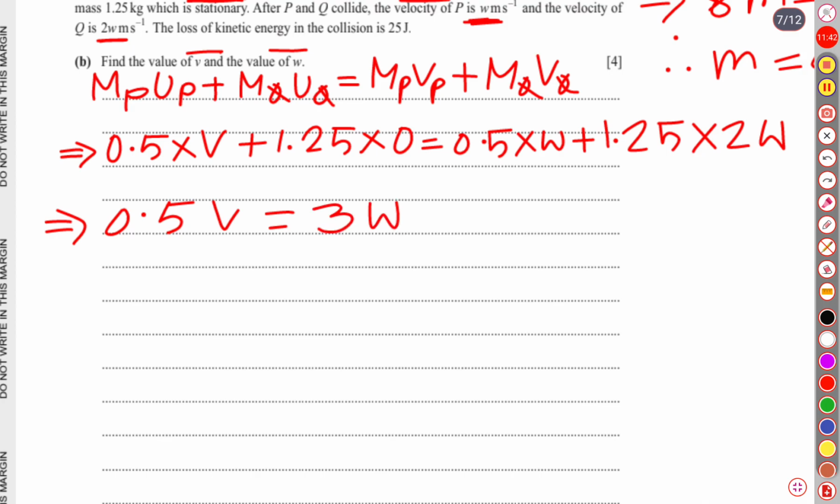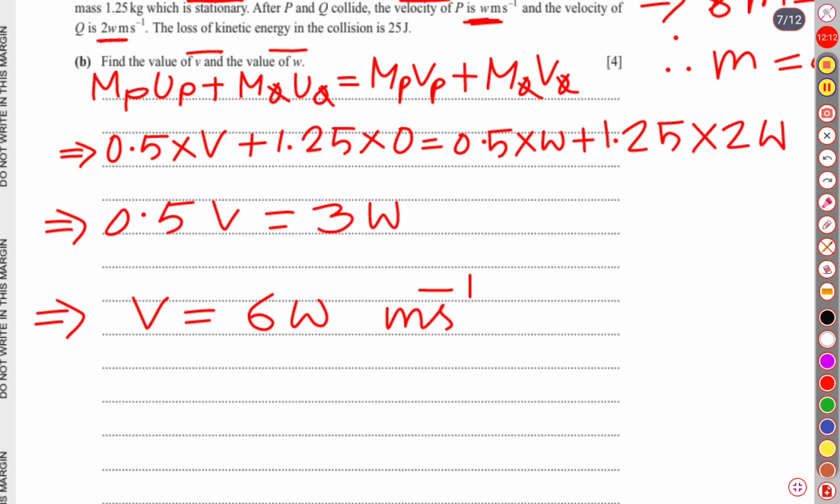Or v is equal to, if we transpose this 0.5 to the right side, 3 divided by 0.5 is going to be 6w. So v is equal to 6w meter per second. This is the information we are going to apply in the concept of the loss of kinetic energy.